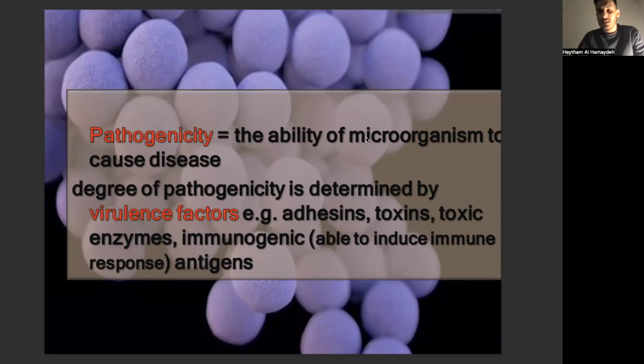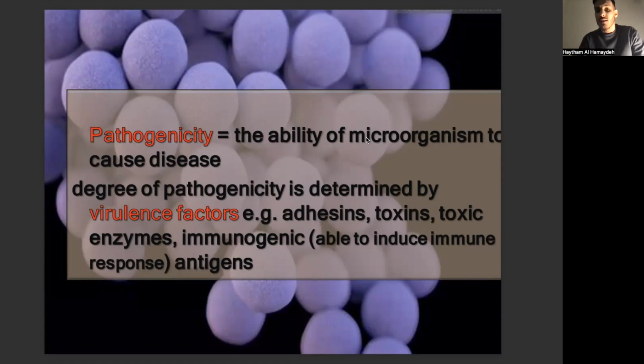Pathogenicity is the ability of a microorganism to cause a disease. Sometimes we call a microorganism non-pathogenic because it can exist within you but not cause a disease. But if it causes a disease, then it's pathogenic. Virulence factors are factors that help a bacterium or microorganism to affect you, hence cause diseases.